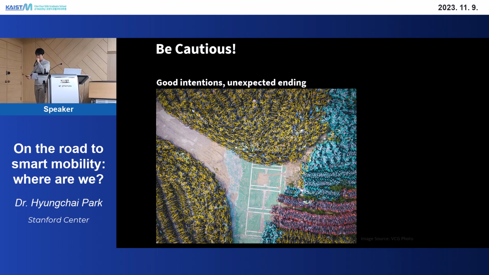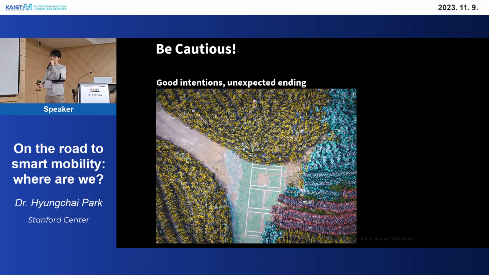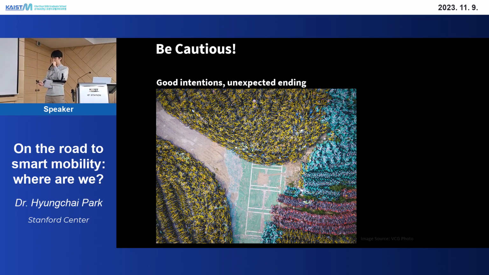But you have to be cautious when you bring a new system into our mobility system to solve a problem. Can you recognize this picture? What are these small dots? Yeah, shared bikes.